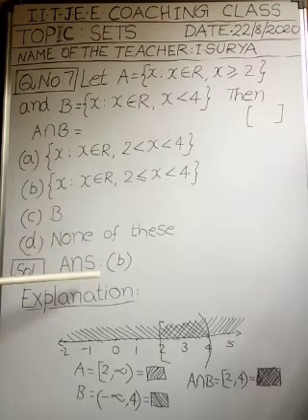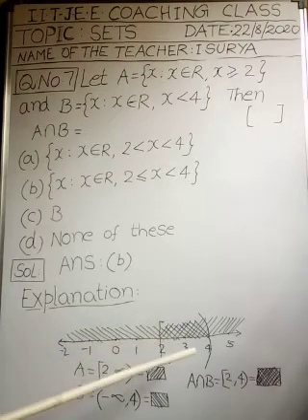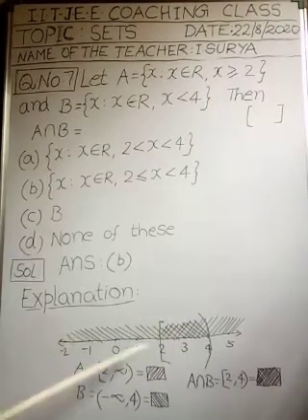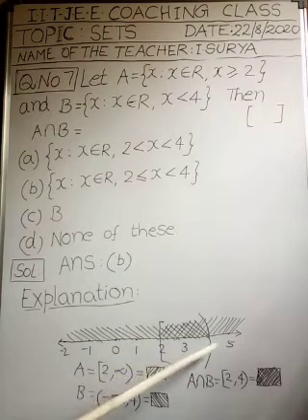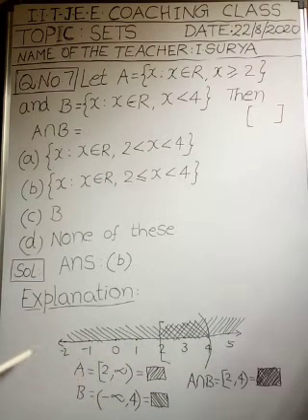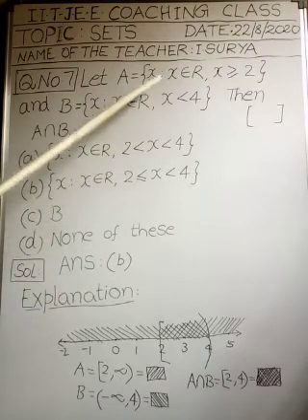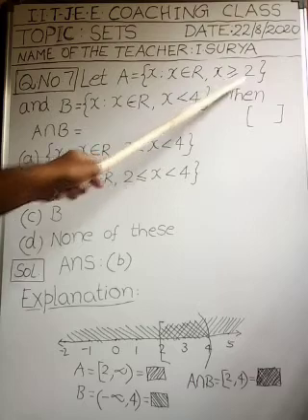I will explain by using the number line. See here, I have drawn a number line 0, 1, 2, 3, 4, 5 and minus 1, minus 2 like left side. So here first set A, x is greater than or equal to 2.